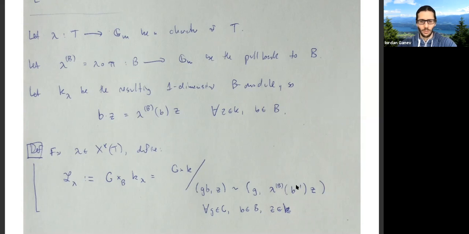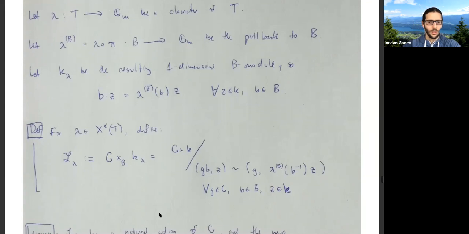Actually now I'm thinking maybe there's no inverse, but anyway, we move b over and it acts on z via this character lambda of B on this one-dimensional space. Okay, and so this is one choice of notation for this quotient. B acts on G just by right multiplication, B acts on K_lambda, and we identify those two actions, and that's how we get this quotient.